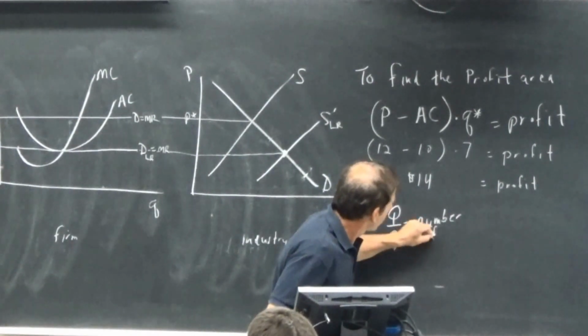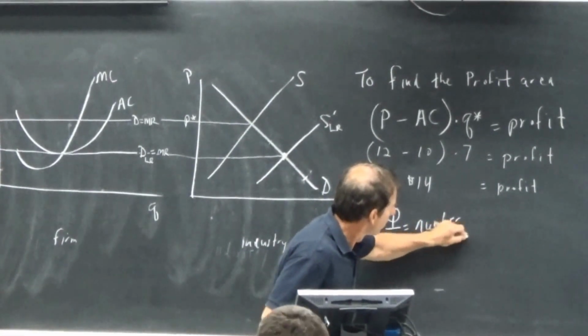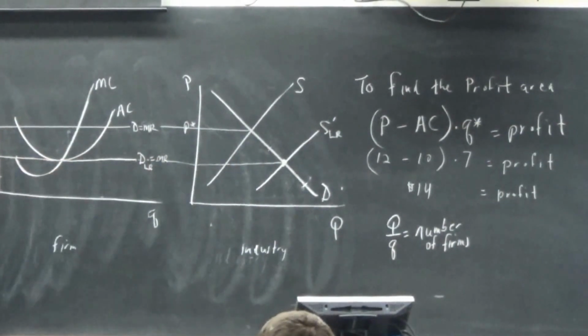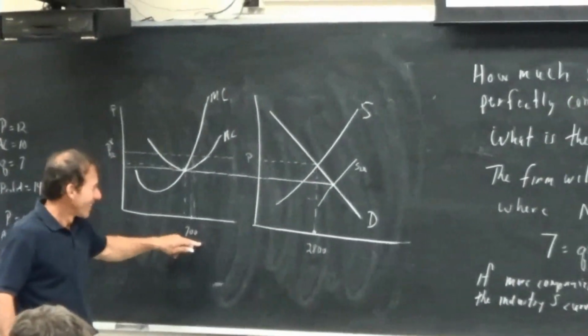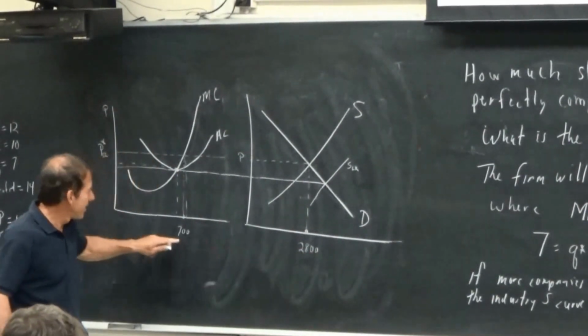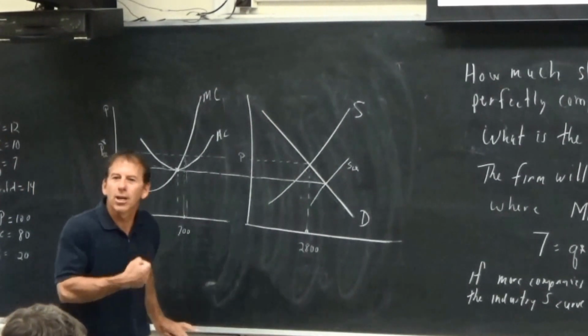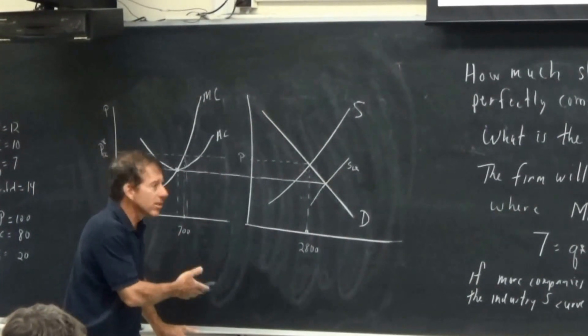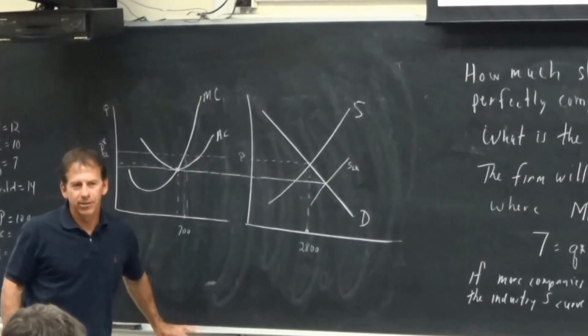So what would that be equal to in this question? It's 2,800 divided by 700. So there would be 4 companies in the industry, and each of those 4 companies is producing 700.